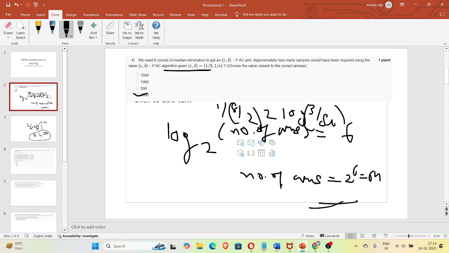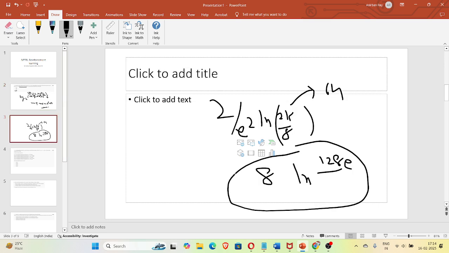So in the naive approach, for each arm this number of samples is taken. Okay. And then we have to maximize Q(a) to get the best possible arm. Okay.